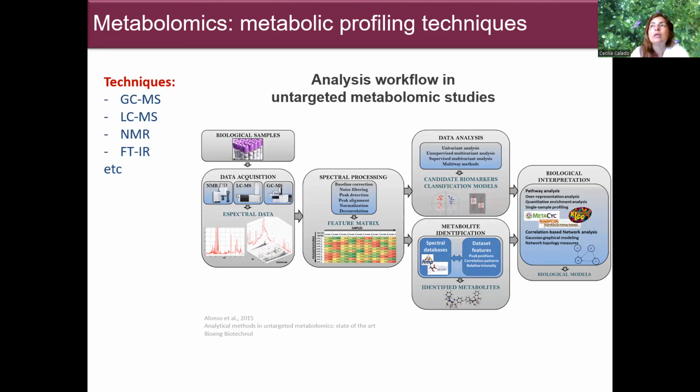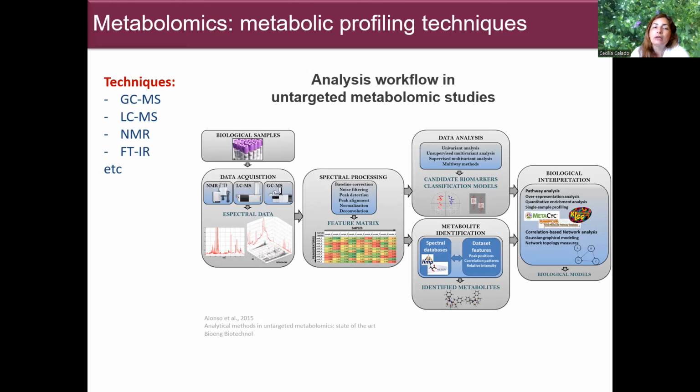We start by preparing our sample. For instance, if it's a serum sample, we need to extract first to eliminate all these macromolecules like genes, like RNAs, like proteins, to leave in the system the small metabolites. So this is the first task.